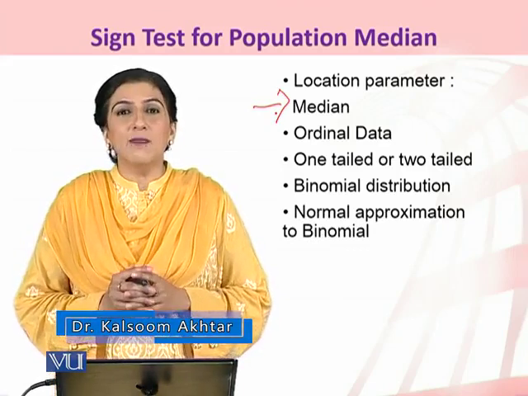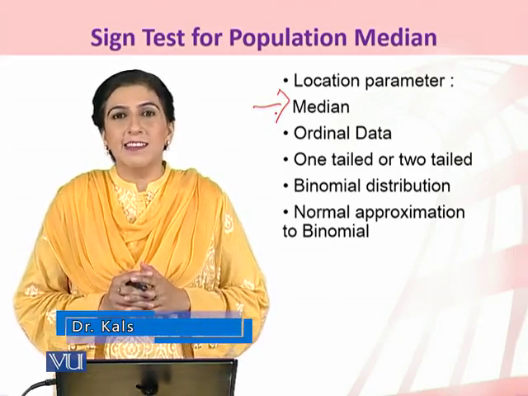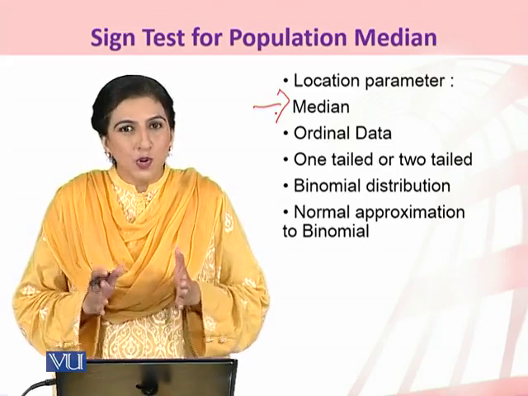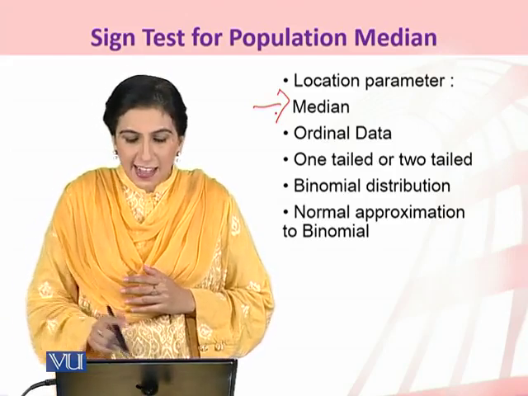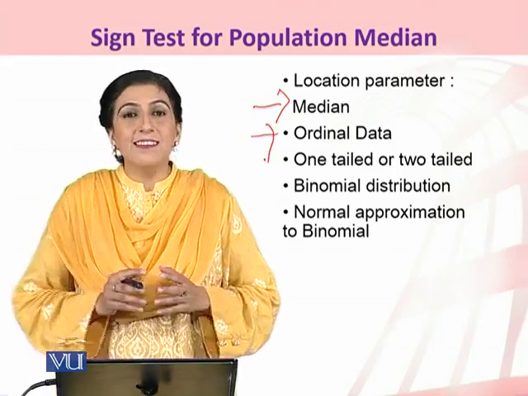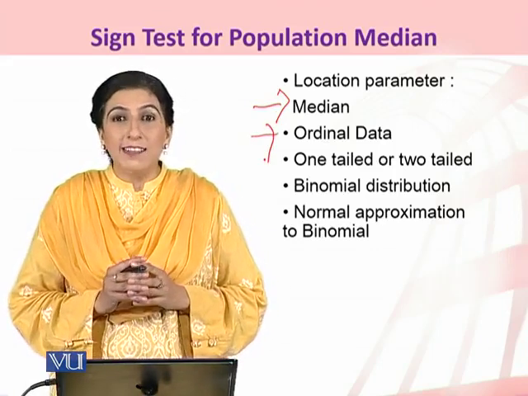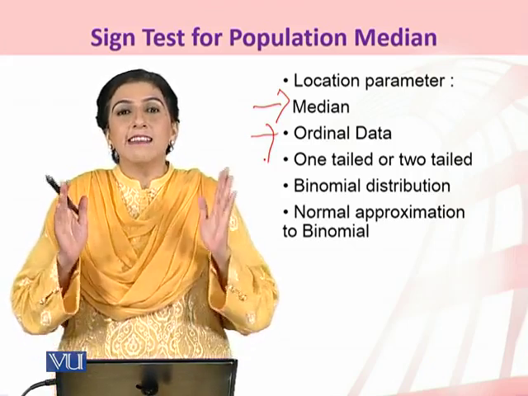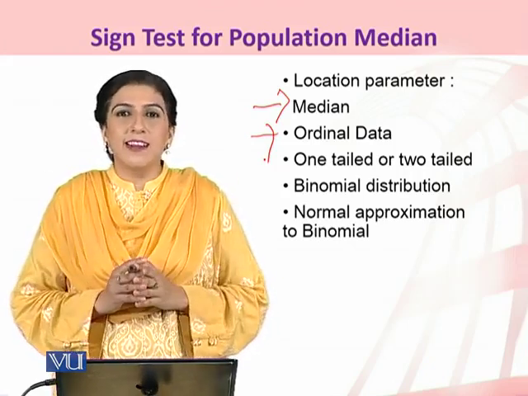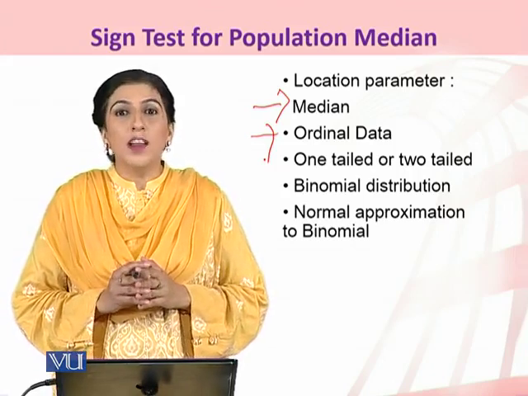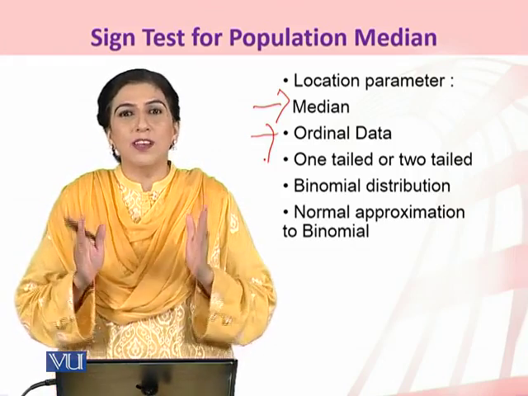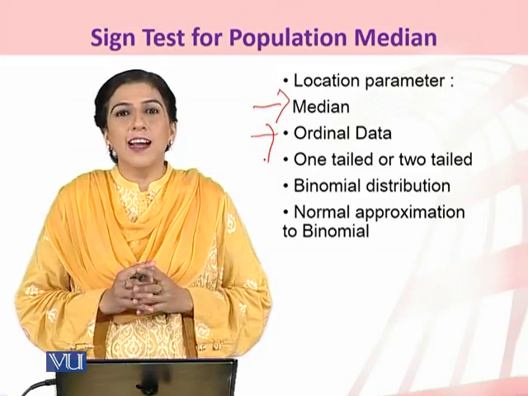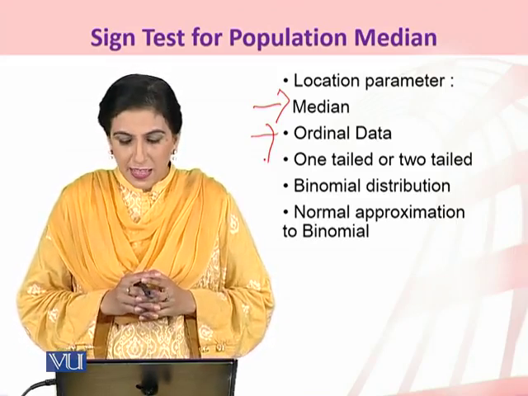The second thing about the sign test is that the variable which we are going to use for the sign test is measured at least on the ordinal scale. The third thing is that the sign test may be considered as one-tailed, or we can test the assumption about the population using the sign test for the two-tailed test.